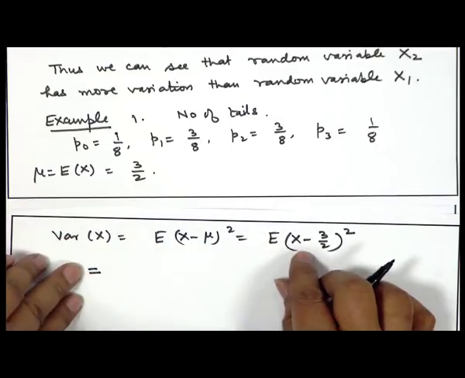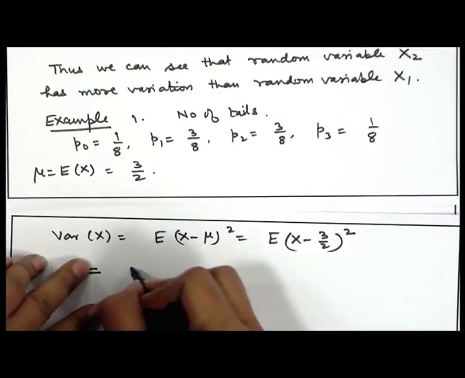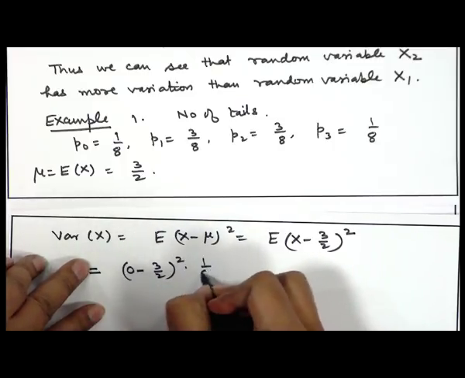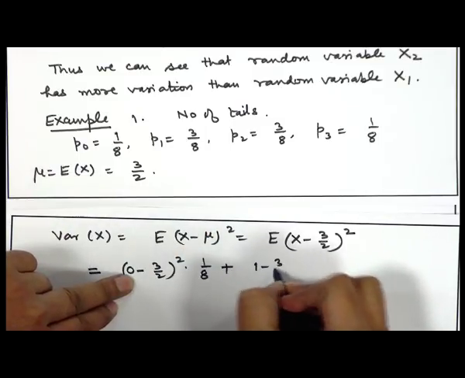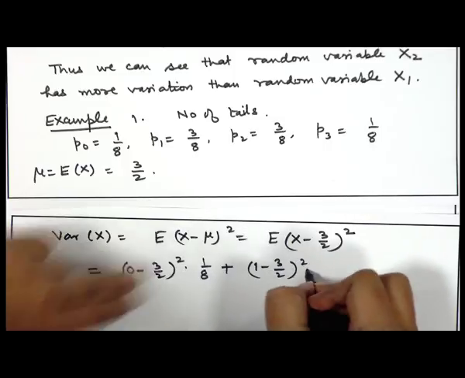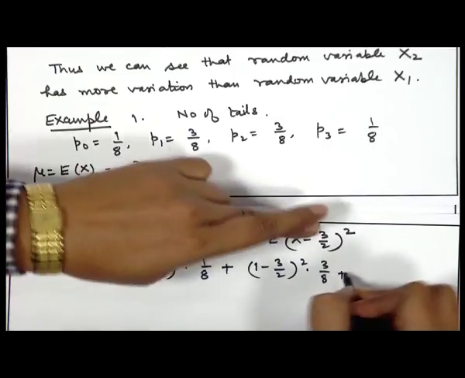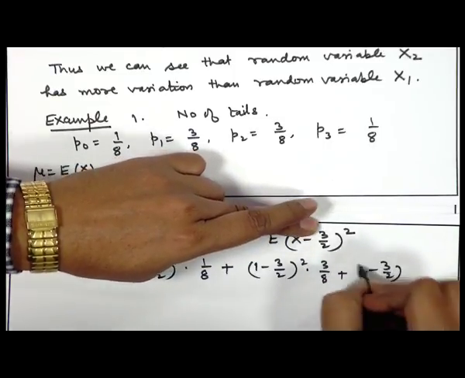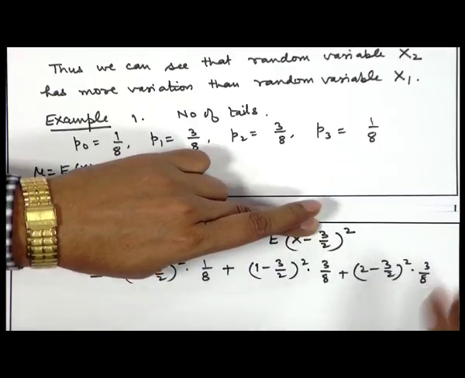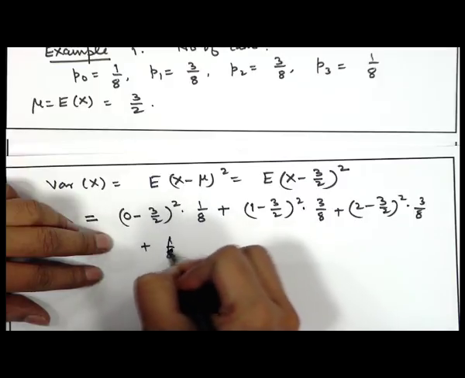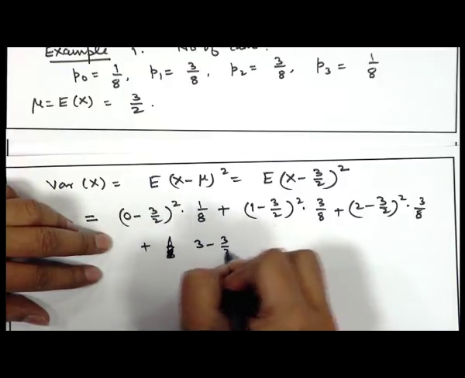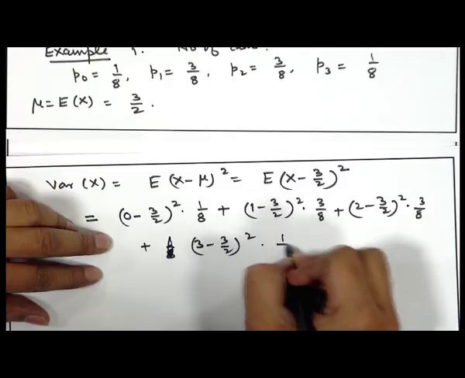We have to substitute the values of x. So, that is (0 minus 3 by 2) square into the probability 1 by 8, plus (1 minus 3 by 2) square into 3 by 8, plus (2 minus 3 by 2) square into 3 by 8, plus, sorry, (3 minus 3 by 2) square into 1 by 8.